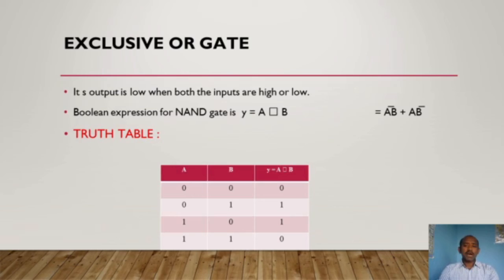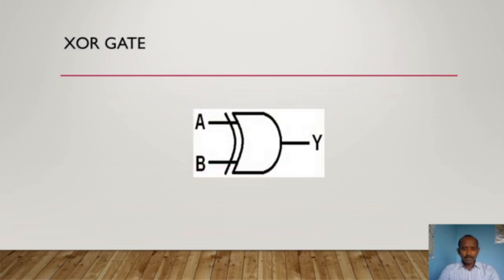If both the inputs are low or both the inputs are high, then the output will be 0 only. So this is called an exclusive OR gate. The expression is A B bar plus A bar B, or A bar B plus A B bar, and this is represented with a circled plus sign. This is the symbol for the XOR gate.